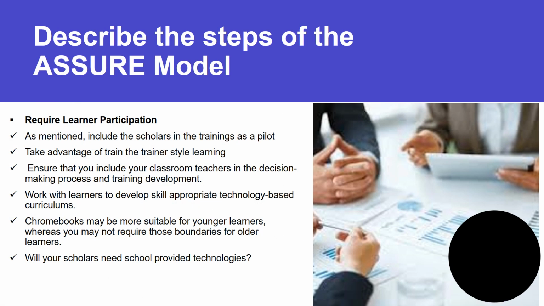The last essential part of the ASSURE model is learner participation. Students and learners must be interactive. They must get involved. Sitting in their chairs doing reading and writing is not helpful for their education. It's not helpful for their brains. Their brains need to be stimulated.